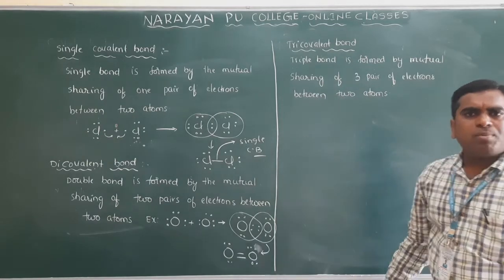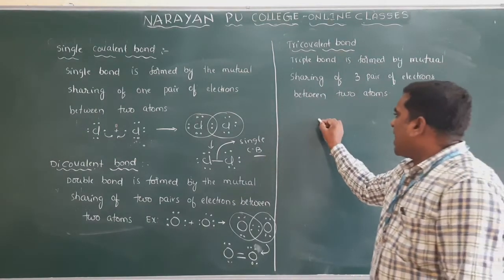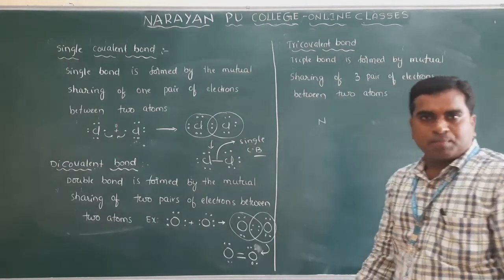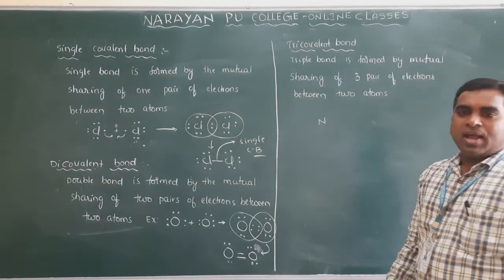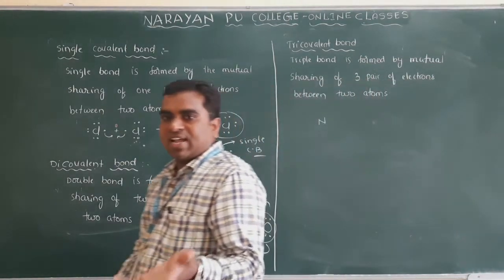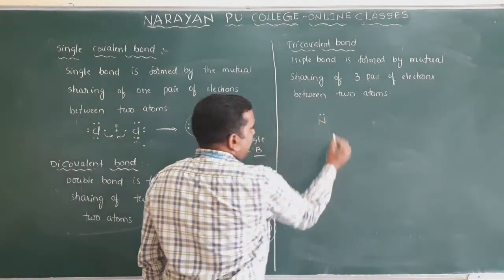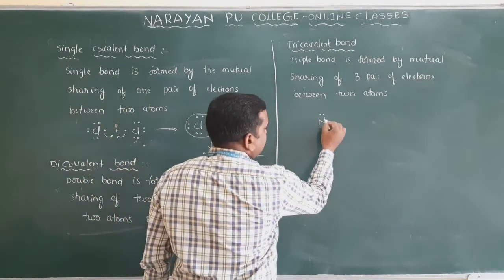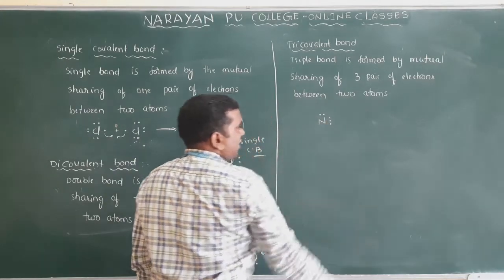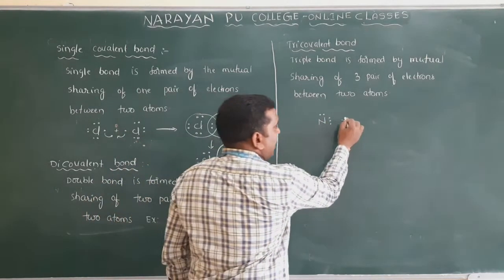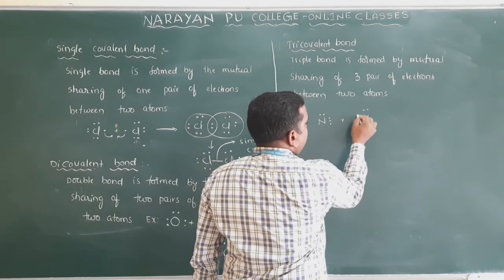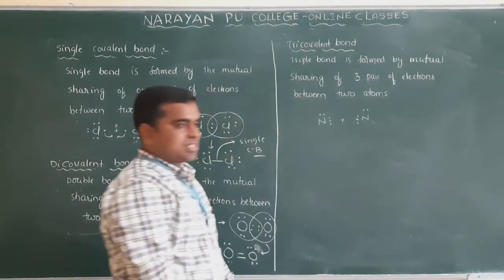And a triple covalent bond means how many electrons will be shared? 3 pair. I will write a simple example here: nitrogen. Nitrogen has how many valence electrons? 5 valence electrons. So I will write here that nitrogen has 5 valence electrons. Clear? This is another nitrogen, which also has 5 valence electrons.